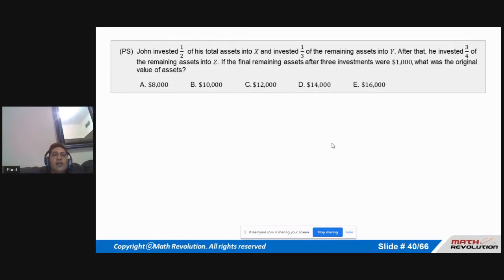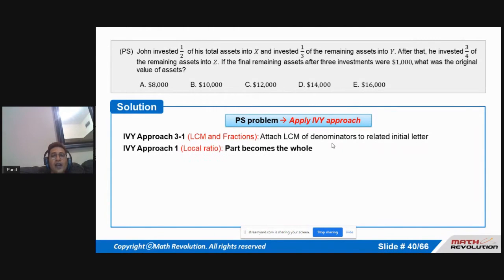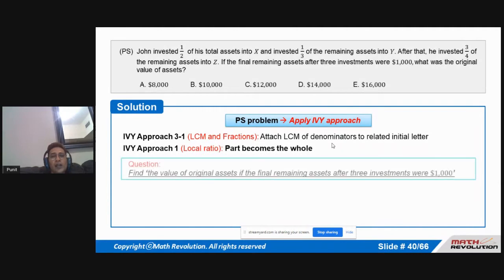If the final remaining assets after three investments were $1,000, we need to find the original value. Without delay, let's apply the IV approach. We know LCM and fractions, we need to attach the LCM of denominators, and definitely the part becomes whole. The question is, find the value of original assets if the final remaining assets were $1,000.